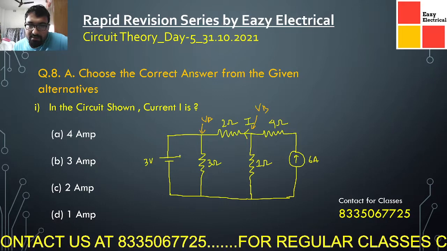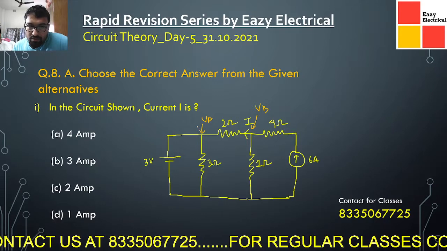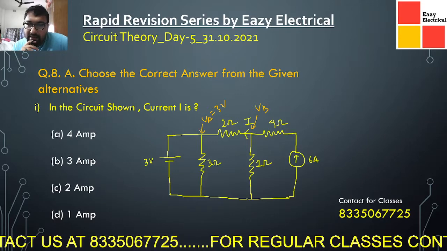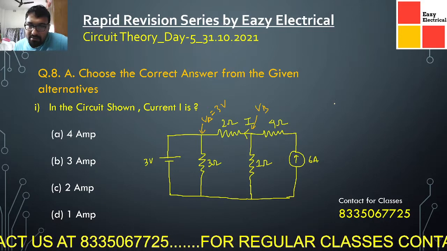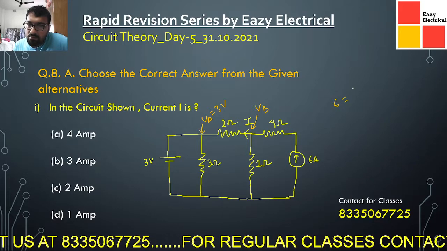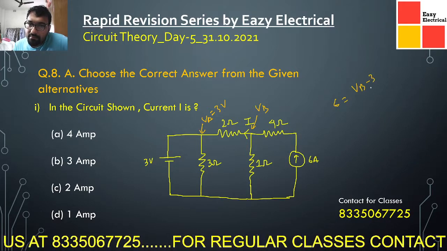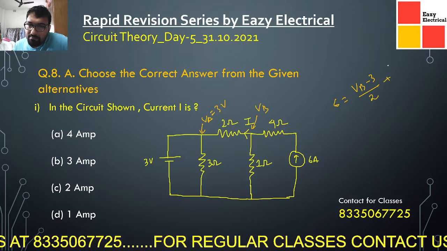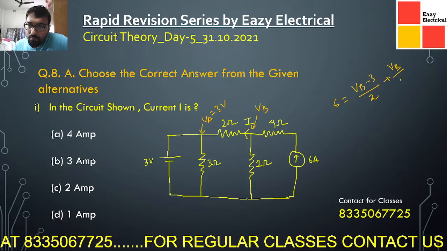One more point is there. The VA is basically your 3 volts, so you can directly write 3 volts. And whatever current is coming in this direction, that means the current in this direction is 6 amperes. That equals (VB minus 3) divided by 2 plus VB divided by 1, right.